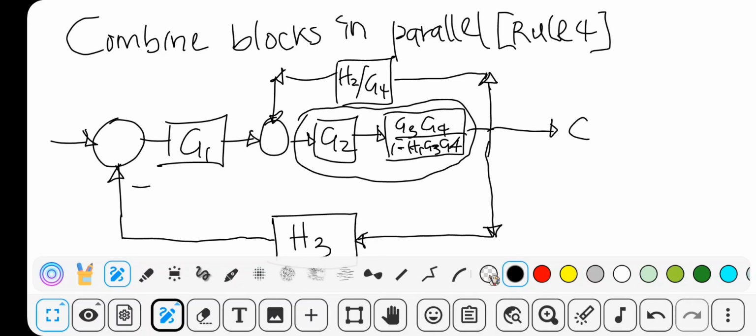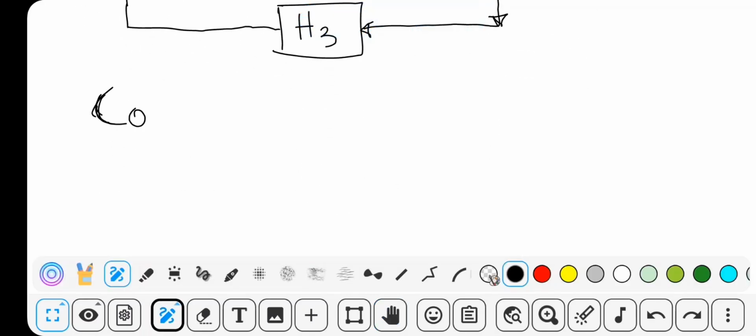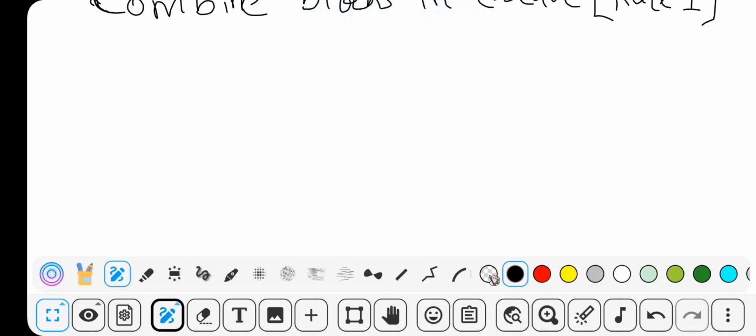So we can combine them. Combine blocks in cascade, rule 1. So combining them, this will be your result.